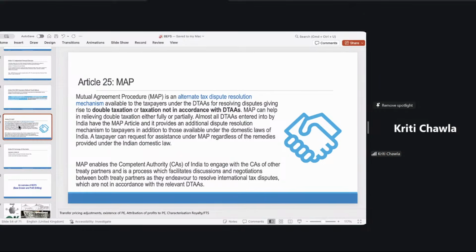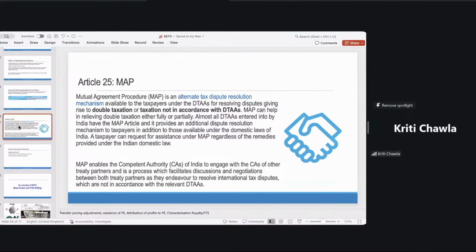Article 25 basically says that whenever you have a dispute which is giving rise to double taxation or taxation which is not in accordance with the DTAA, then you can have MAP available. MAP will help to resolve double taxation either fully or partially. Almost all the tax treaties around have MAP available.